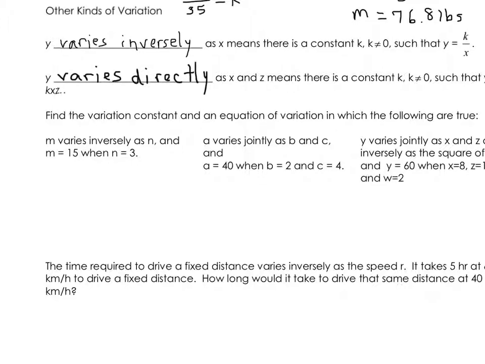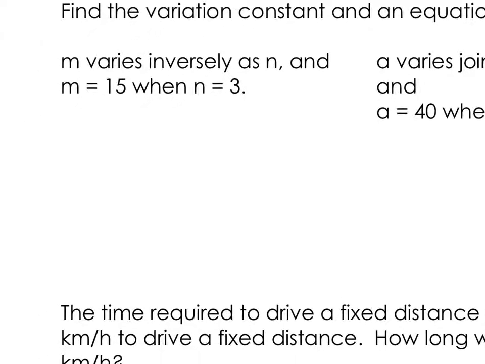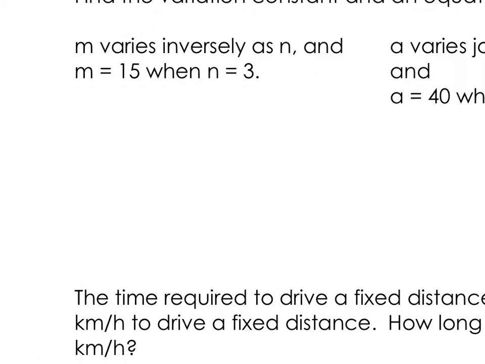Let's do some example problems. We're supposed to find the variation constant and an equation. So m varies inversely as n. Inversely, m equals k over n. M is 15 when n is 3. 15 equals k over 3.